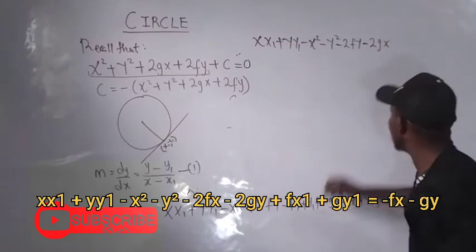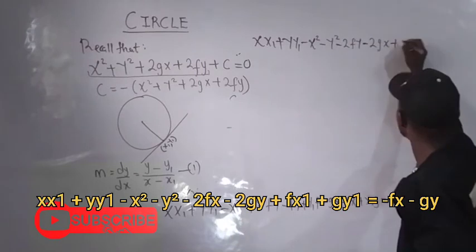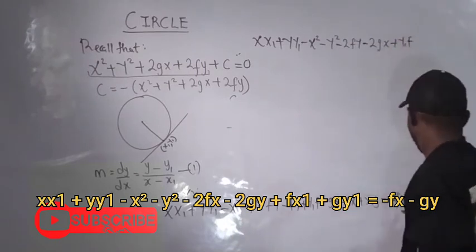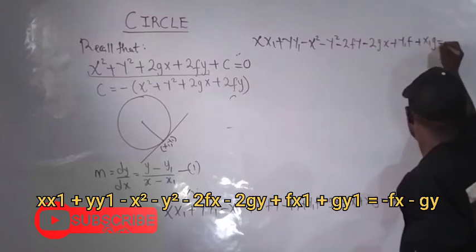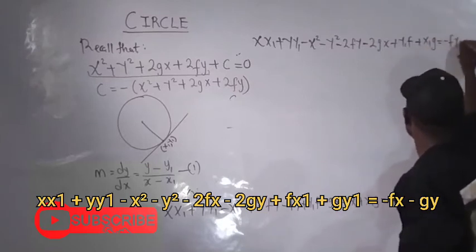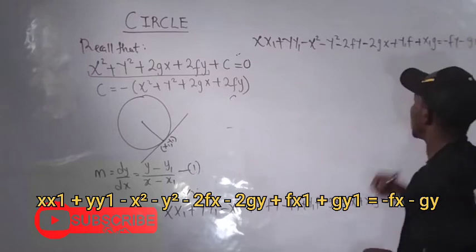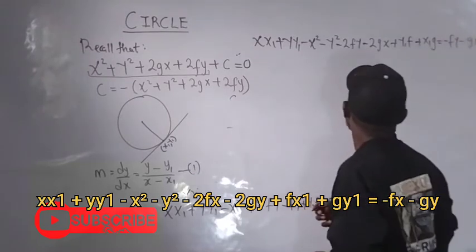Then I am having what else? Plus y1f, then plus x1g to be equals to minus fy and minus gx. So on that note, what do I have?